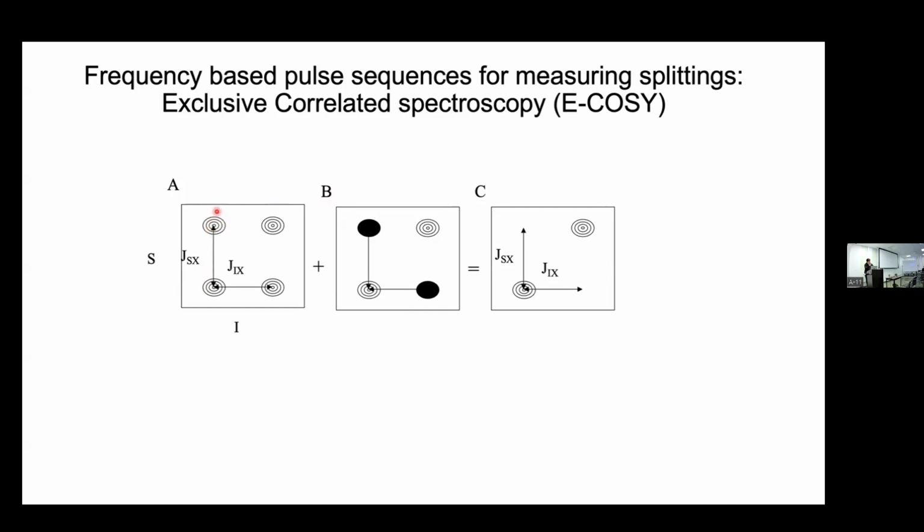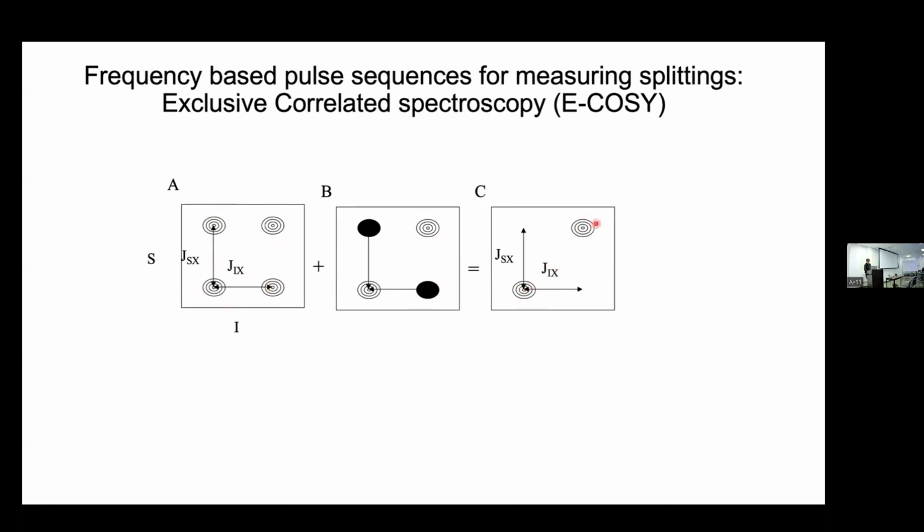You can develop a sequence where in one case you get all four peaks positive, and in another case, by doing the antiphase, these shaded ones are antiphase or negative peaks. If you add and subtract, you can then resolve the two peaks and determine the center of this peak without the burden of the nearby peak.